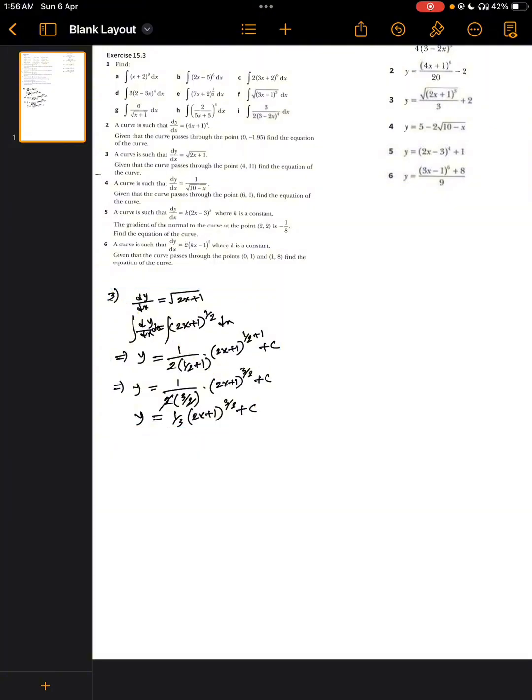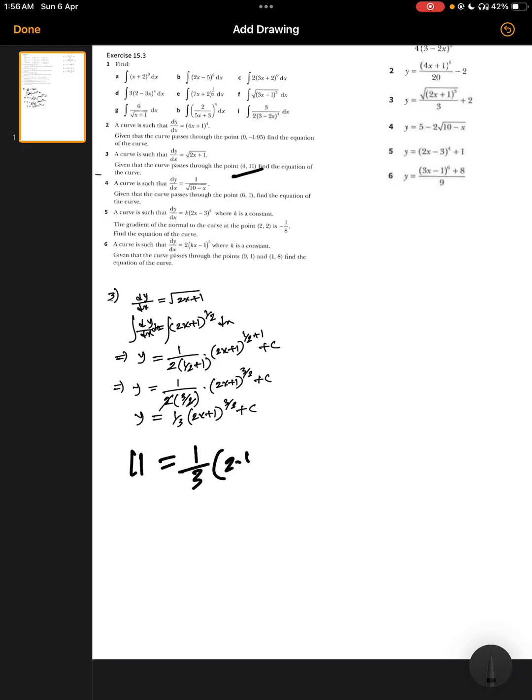Now we have to find out the value of c. For figuring out the value of c, we will input this value. So our y is 11, x is 4. 1 by 3 times (2 times 4 plus 1) to the power 3 by 2 plus c. So here 1 by 3 times, 2 fours are 8 plus 1, 9 to the power 3 by 2, plus c, equals 11.